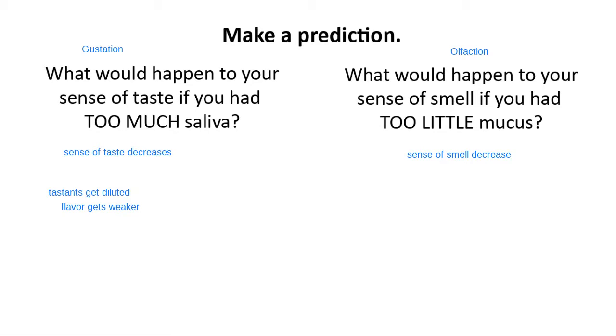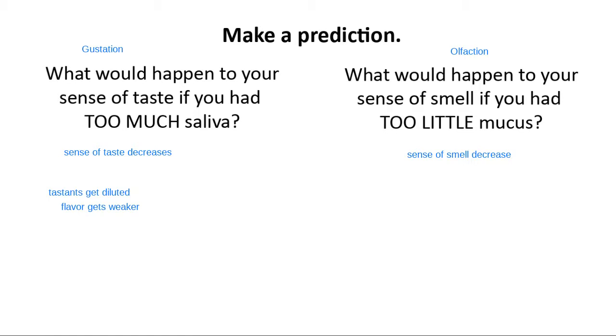Yeah, so when we're talking about a chemical sense, remember that we said anything that's a chemical sense, we have to dissolve the chemicals before we can detect them. If I don't have enough of my stuff to dissolve them in, then I'm not going to be able to dissolve them. And if they're not dissolved, my hair cells can't detect them.